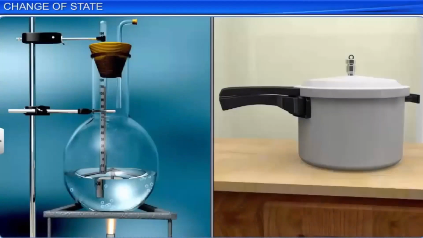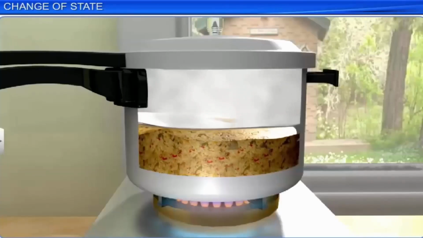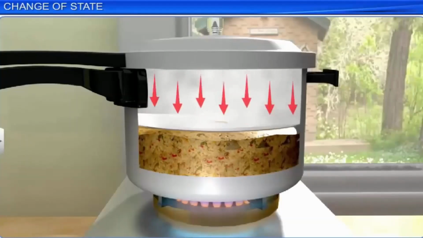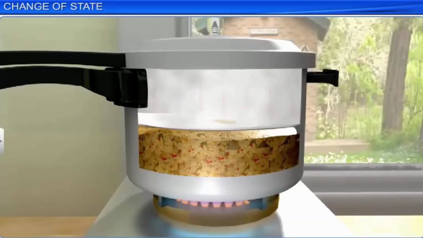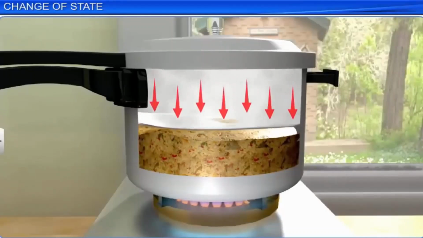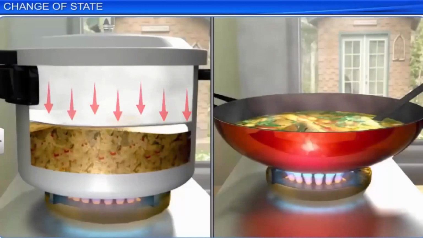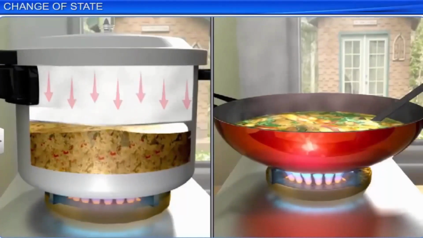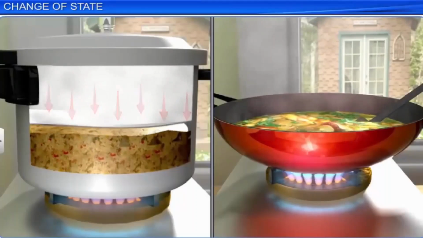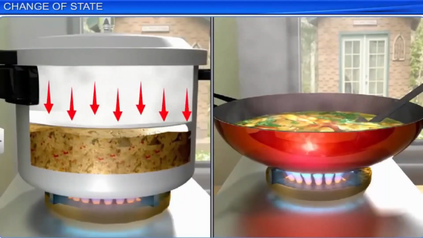A pressure cooker works on this principle. When food is cooked in a pressure cooker, the pressure that builds in the cooker increases the boiling point of water to higher than normal. And the food in the cooker is cooked at a higher temperature than if it were cooked outside.